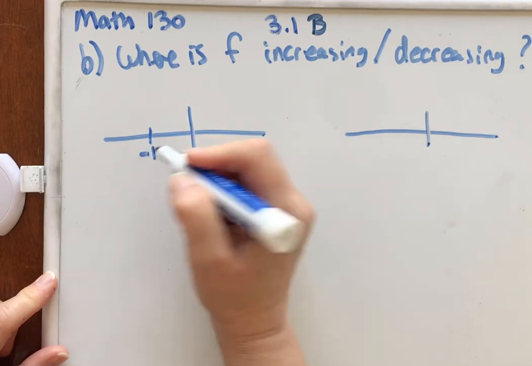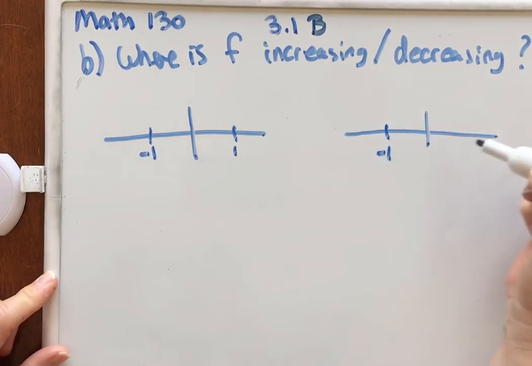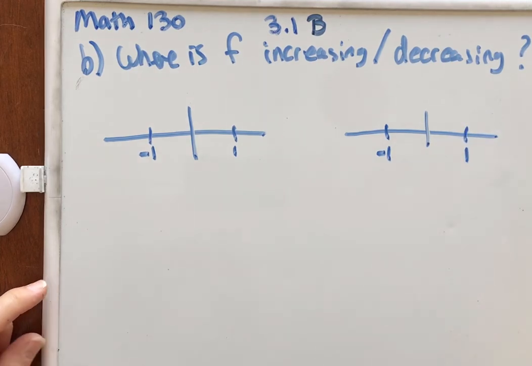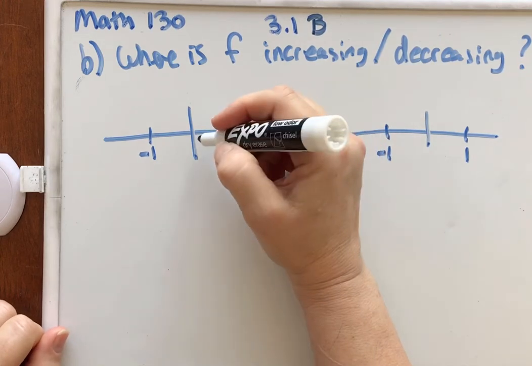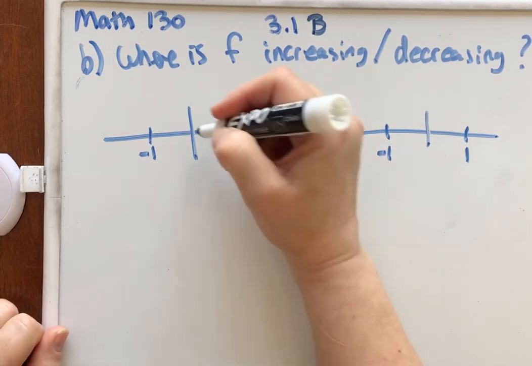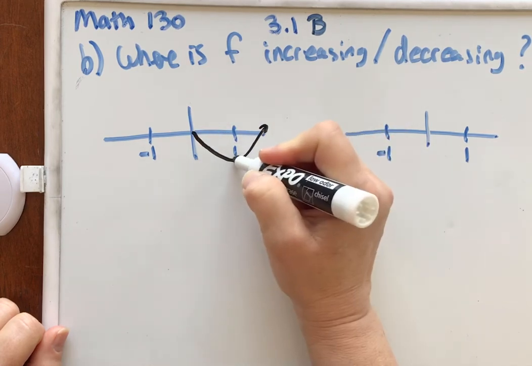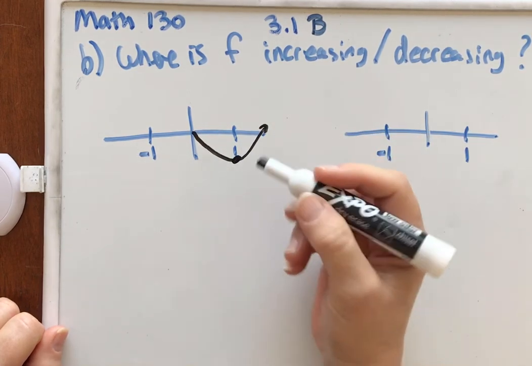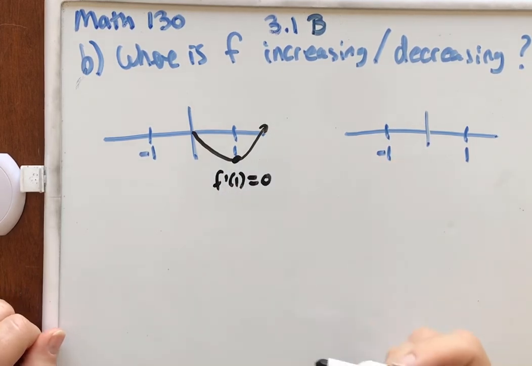So we have negative 1 and 1. We're going to do the same thing over here. Negative 1 and 1. We don't know how far up or down they are going, but I'm just going to make this something like this. We know for sure at this point that f prime of 1 equals 0 because 1 is a critical value.